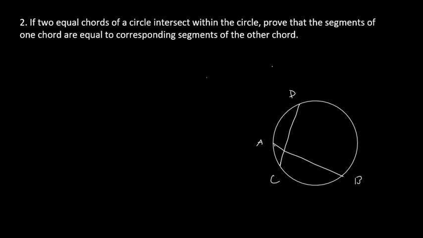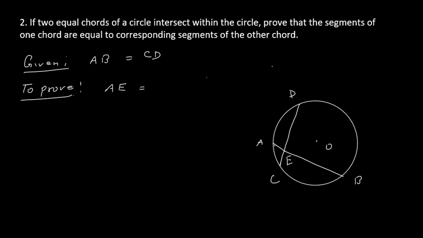Let us take this as the center of the circle and mark the intersection point as E. So here we are given that chord AB is equal to chord CD, and we have to prove that the segment made by one chord, that is AE, is equal to the corresponding segment made by the other chord, that is CE. This is first, and second, I have to prove that DE is equal to BE.